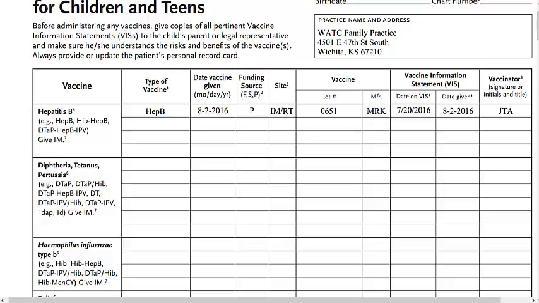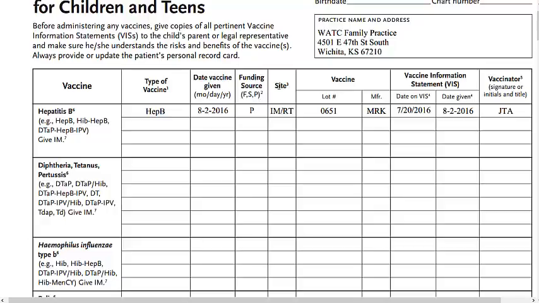If the patient had state-funded insurance, such as we have here in Kansas called CanCare, then an S would go there. If a patient pays for the vaccine out of pocket, or they have a private insurance such as Blue Cross Blue Shield, then we would put a P in there for private funding.